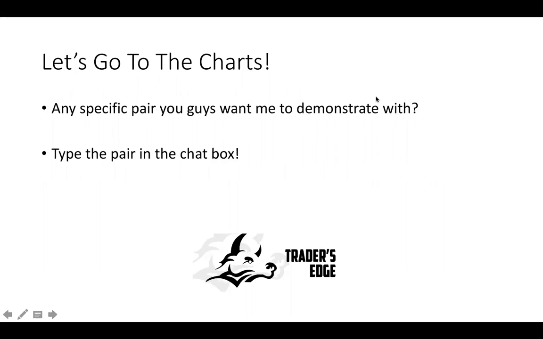Yeah, now we can go to the charts. You guys have any specific pair you want me to demonstrate what I'm actually saying with? If you do, go ahead and type a pair in the chat box and I'll take a look at it right now. Okay, Martin is saying AUD NZD.